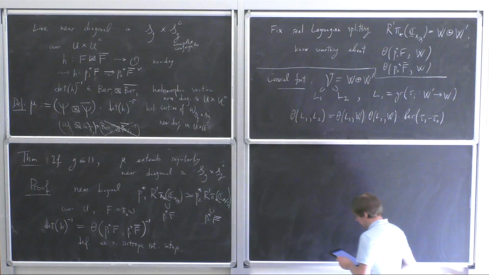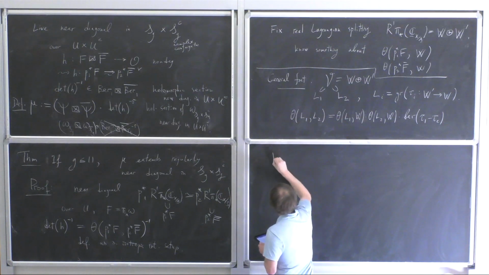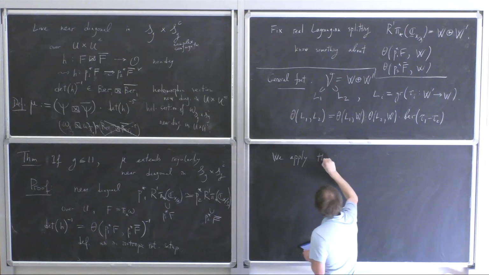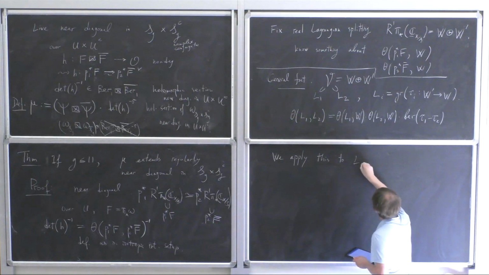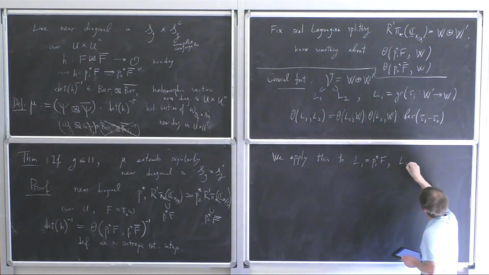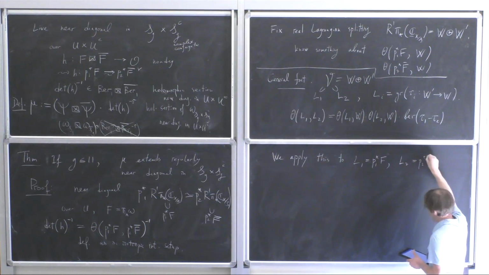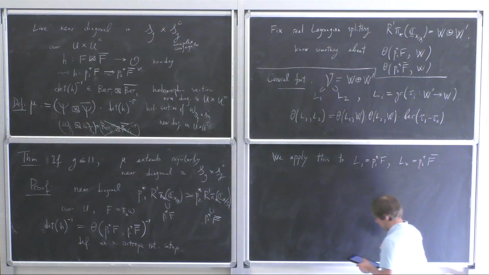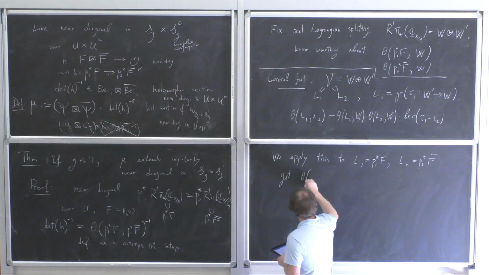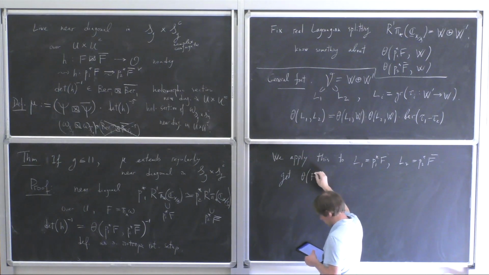So in our case, we apply this to L1 equals P1 star F, L2 equals P2 star F bar, and we get this function which we want to prove extends regularly.